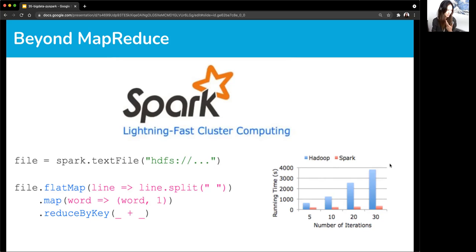But Spark jobs can be written in a way such that, from this graph, the runtime for Spark doesn't scale with that many iterations. We won't get into the theory of Spark, but just imagine they basically figured out a way to do algorithms such as gradient boosting in a much more efficient manner.